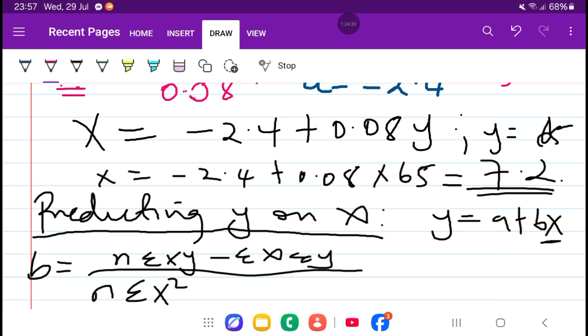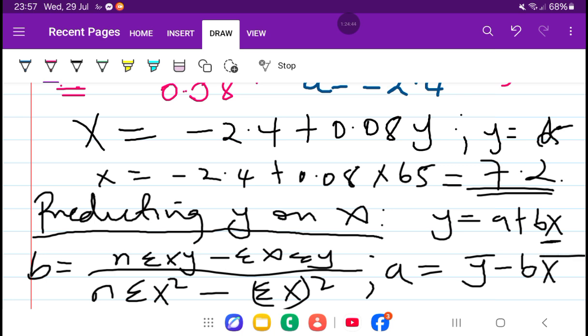The other time we had y squared, this is x squared. And then our a will be equal to y bar minus b x bar. So that's the formula that we are going to use.